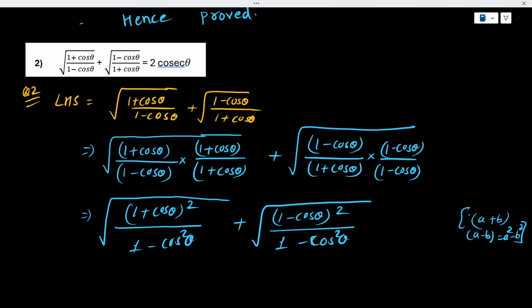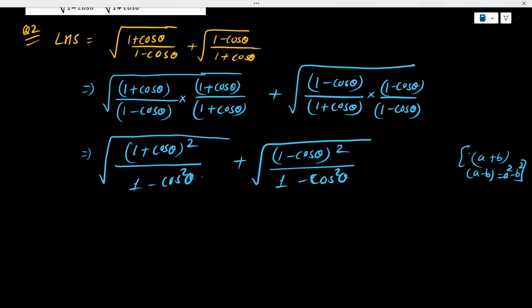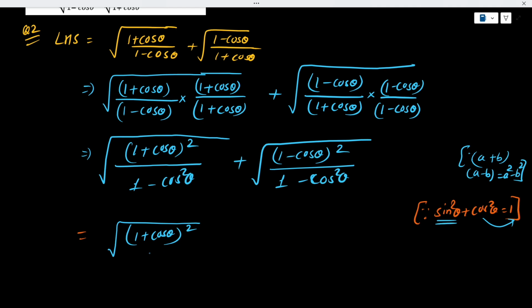Now the numerator is already in the perfect square form, but the denominator is not in perfect square form, so we are going to use the identity sin square theta plus cos square theta is 1, right? So in the denominator, 1 minus cos square theta can be substituted with sin square theta.